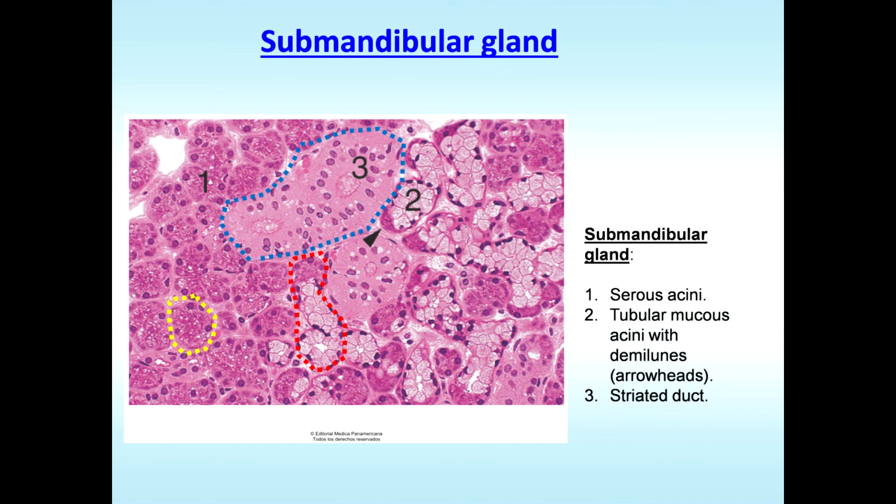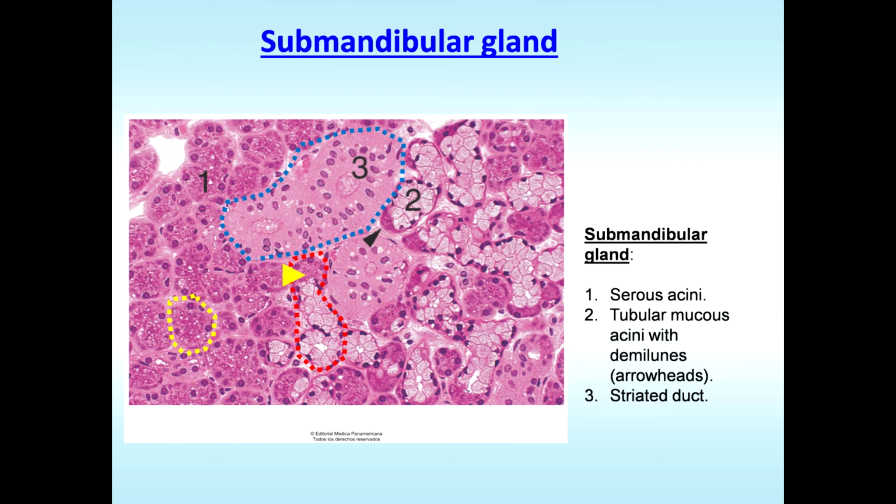Getting into the details of the acini, we can observe with the yellow dotted circle a single serous secreting acinus, which contains the dotted vesicles and the basal nuclei. The acinus with the red dotted circle represents a mixed acinus.